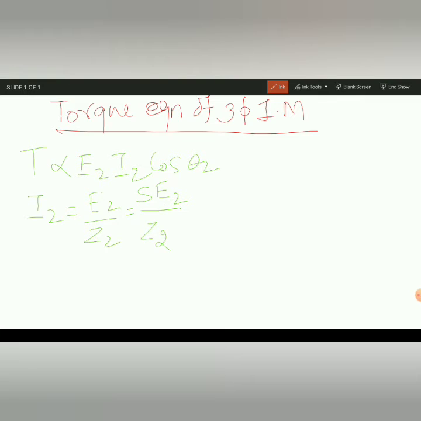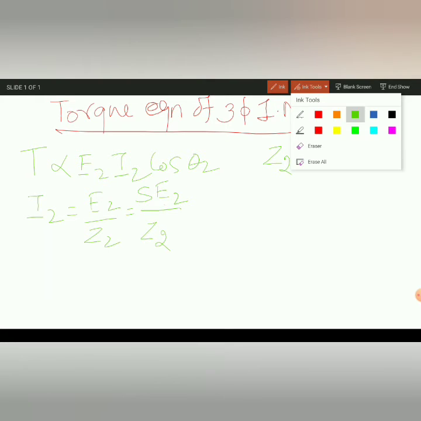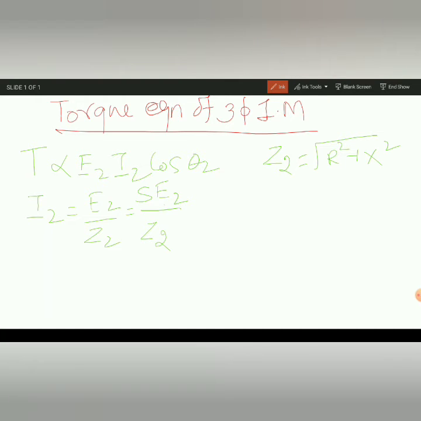What is Z2? We know generally impedance Z equals root of R square plus X square. Since it is a rotor, the resistance and reactance will be R2 and X2. And one more point: what is reactance?